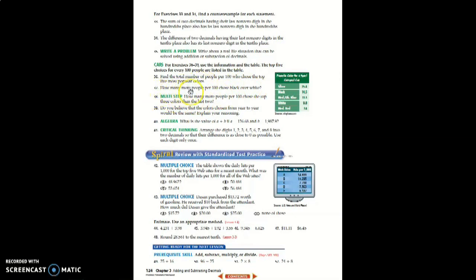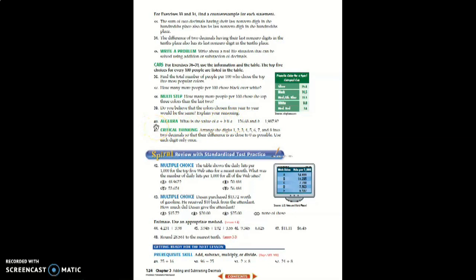How many more people per 100 chose black over white? 38. Multi-step: how many more people per 100 chose the top 3 colors than the last 2? 39. Do you believe that the colors chosen from year to year will be the same? Explain your reasoning.